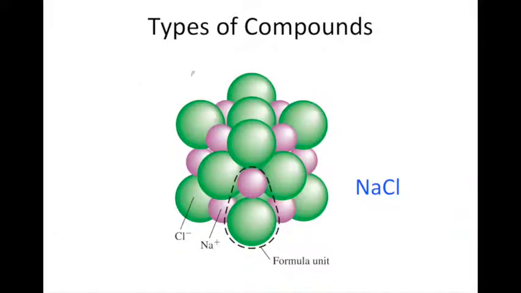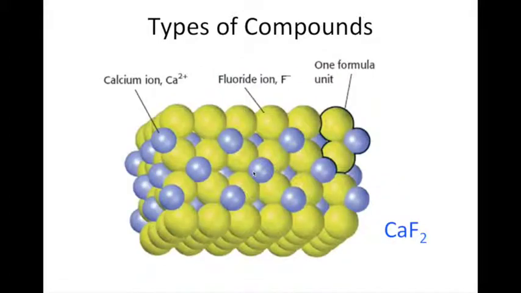So put another way, if this is a sodium chloride crystal right here, the formula unit would be 1 sodium and 1 chloride ion. If we looked at something like calcium fluoride, CaF2, a formula unit for calcium fluoride would be composed of 1 calcium and 2 fluoride ions.